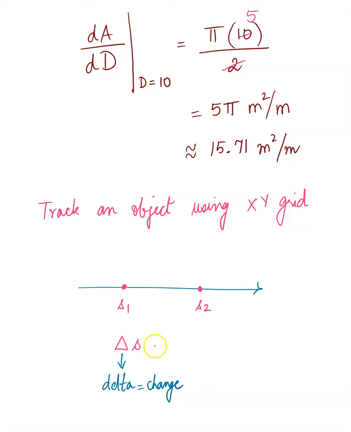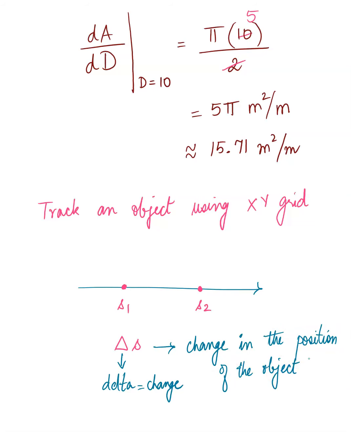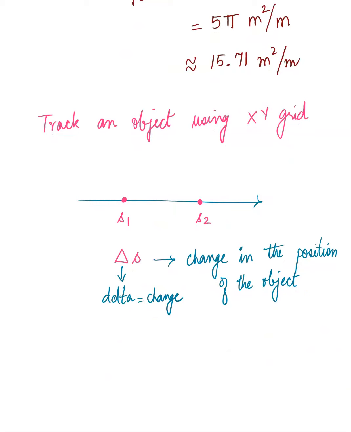Here this means change in the position of the object with respect to time, of course. But right now we're only talking about the change in the position. It changed from the position at S1 to the position at S2. And so this change is what we are really interested in physics. And S is the traditional letter that is given to the position of an object.